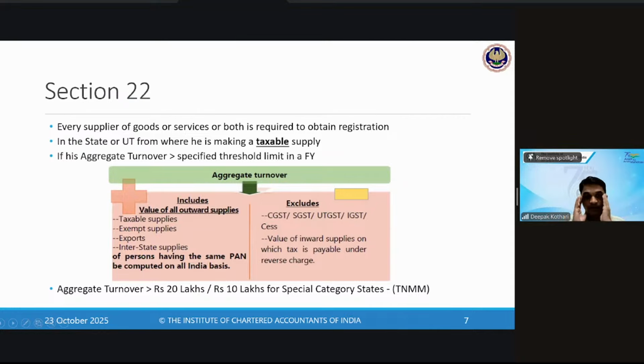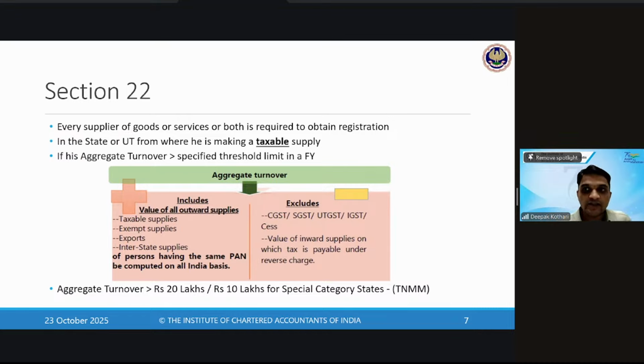This chart, you have to keep in mind for the purpose of aggregate turnover. Aggregate turnover includes the value of all your outward supplies, that is your taxable and exempt supplies, your exports and interstate supplies. Whatever inclusion you are doing, you have to do on an all India basis, that is, on one PAN number, whatever turnover is considered has to be included.